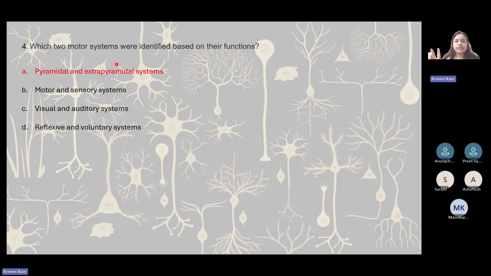Now, what is pyramidal? What is extrapyramidal? A brief way to describe it is that pyramidal is when the signal is directly traversing from the middle of the brain to the spinal cord, and then it is carried on by the spinal cord from the lateral neurons, or the lower motor neurons there.